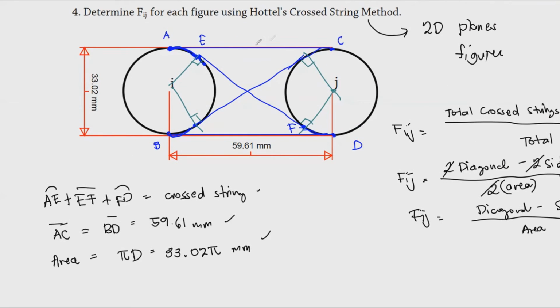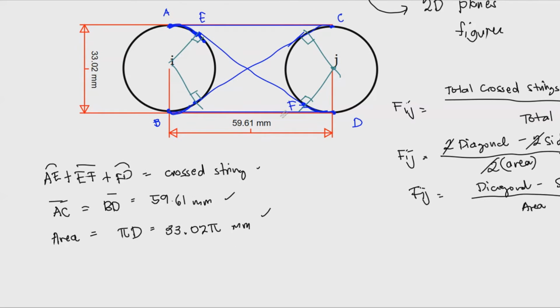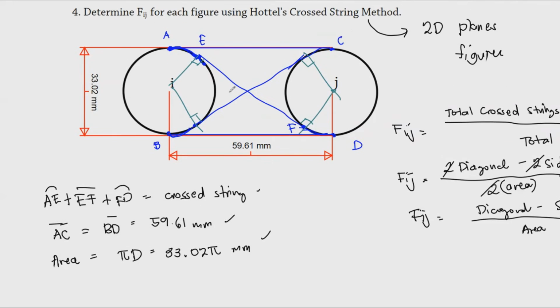So the cross string, if you take a look at this, we just need to find the distance from here and then the arc length. Now, to find EF, because that's the easiest one here, we could draw some triangles.